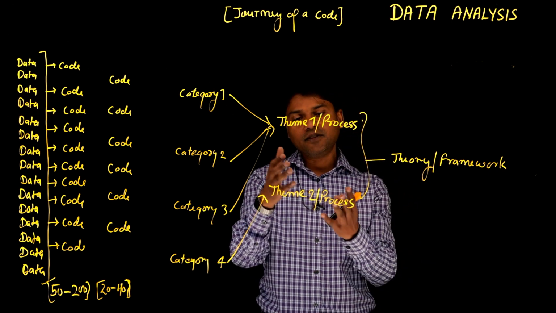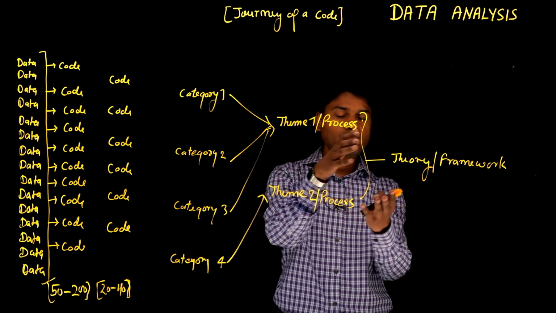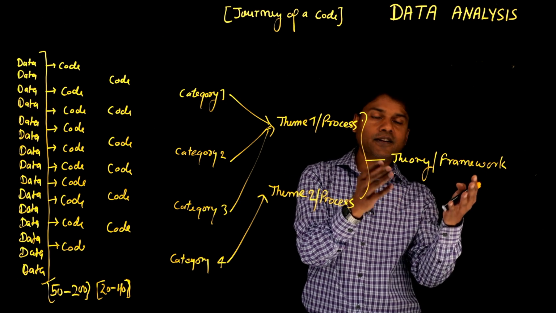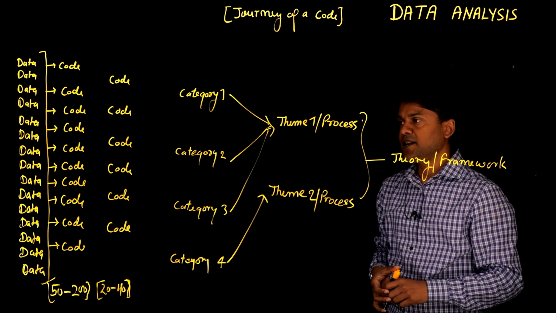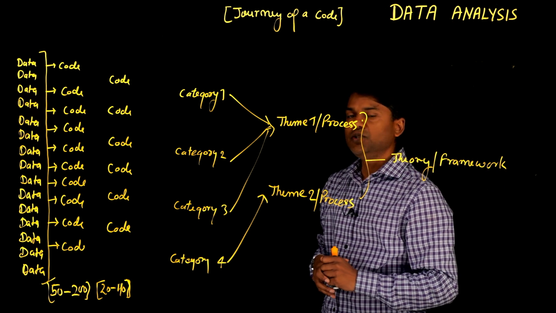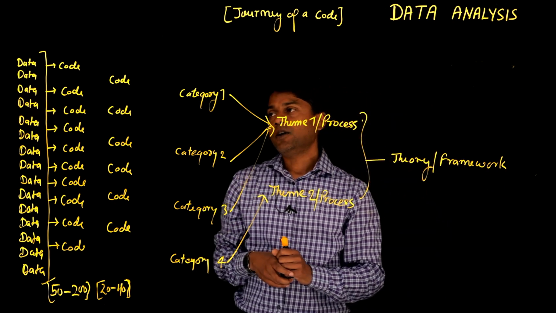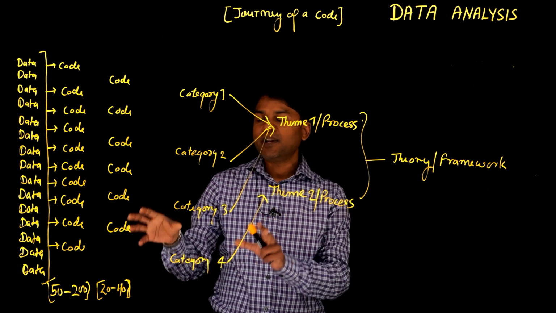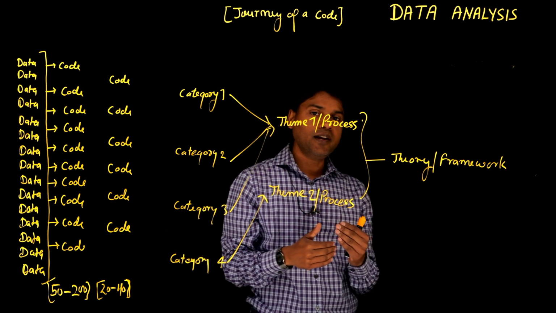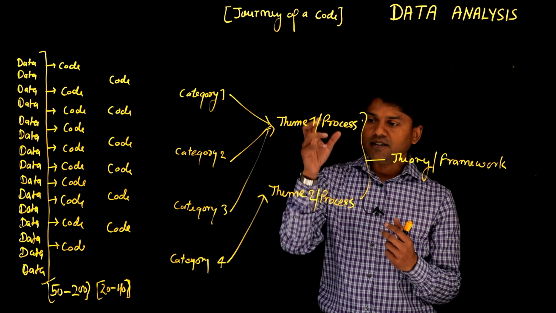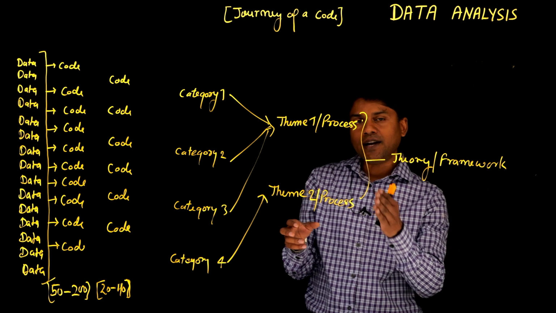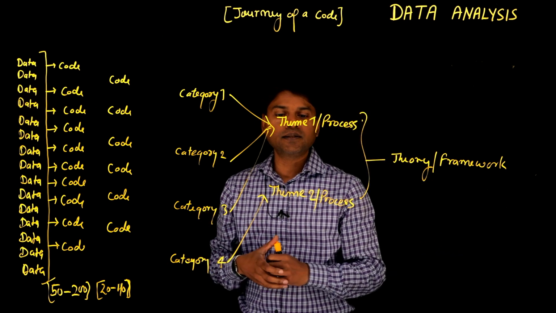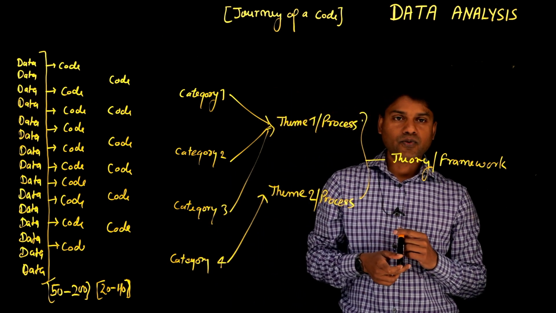And obviously the themes or these processes lead to the final product, a theory, a framework grounded in the data. So that's briefly the journey of a code. The reason I'm explaining this is so that when you start coding, you know how the codes you are creating are going to look in future iterations of data analysis in qualitative research.